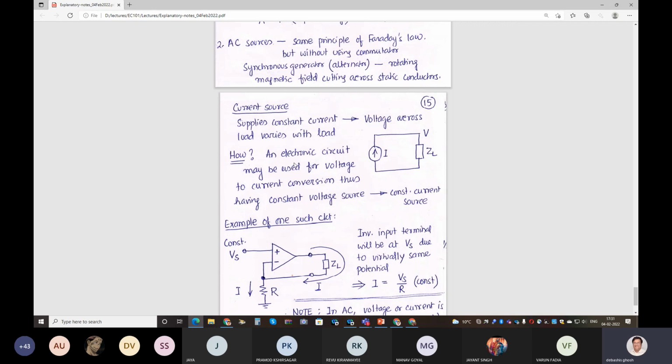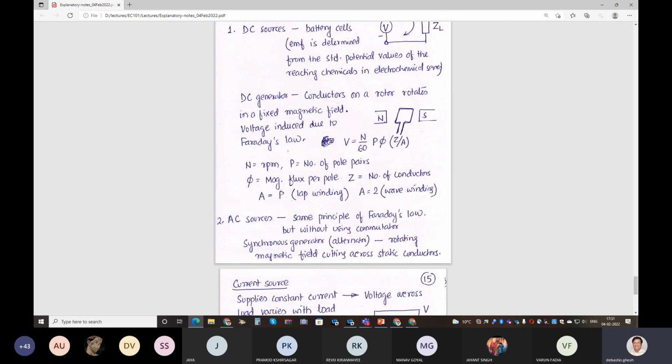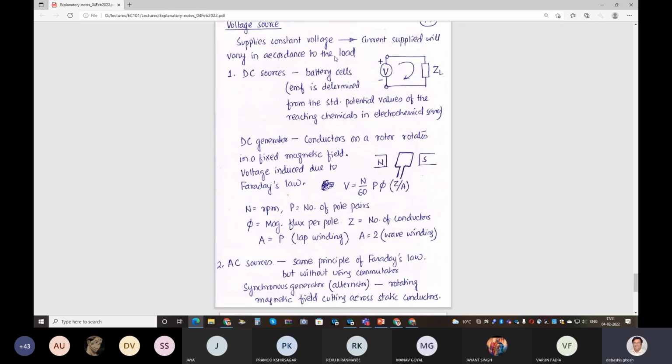For that we use an electronic circuit, because all these things which you are seeing daily in your daily life, which can be built using chemistry or physics, whichever source we can build, they are all voltage sources. So now what we can do is convert this voltage source to a current source.